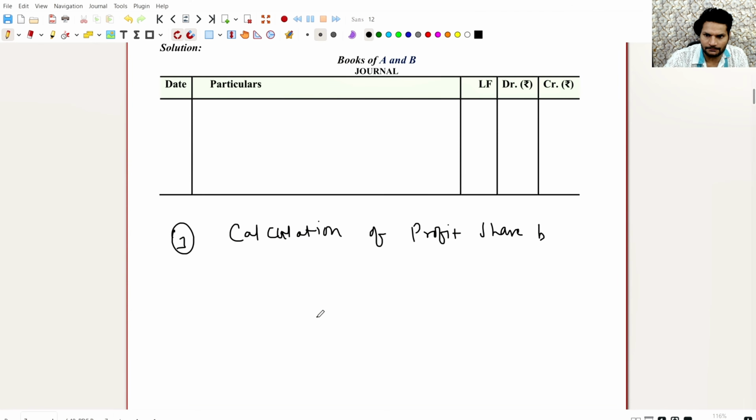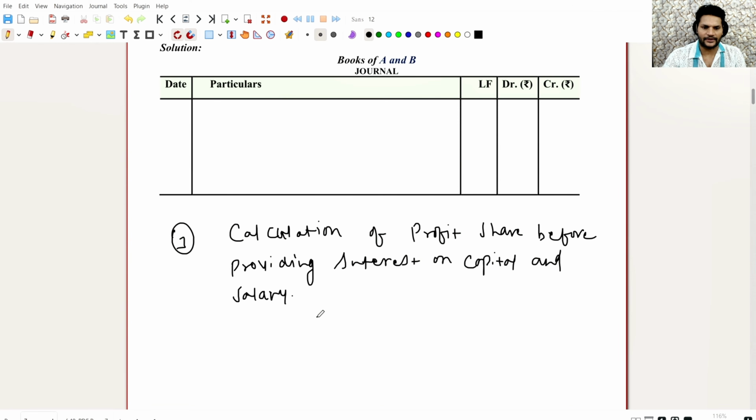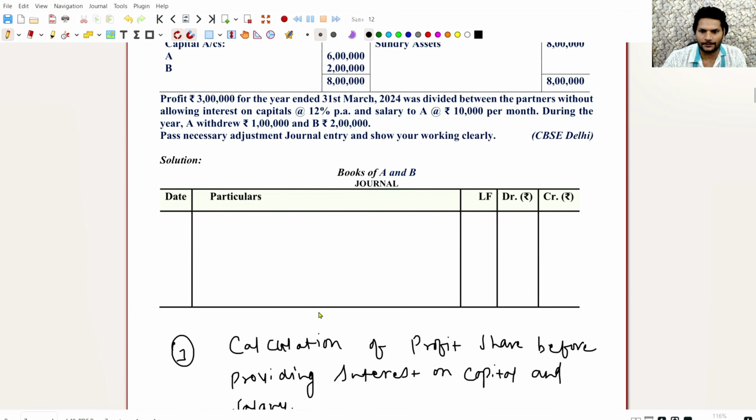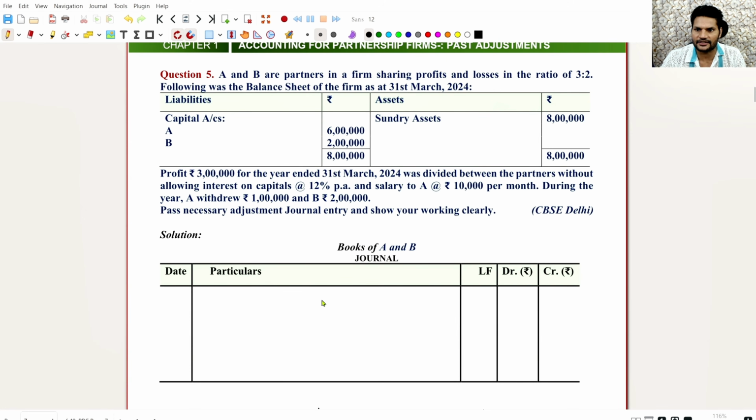Now you need to write: before providing interest on capital and salary. Perfect. So let's find out the value for A. The profit is 3 lakh rupees and the share of A is 3/5.